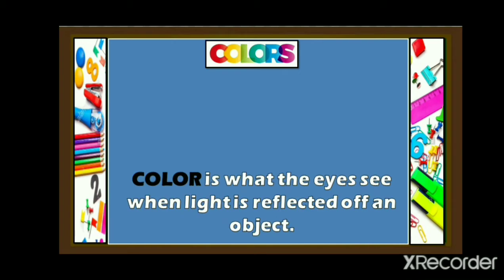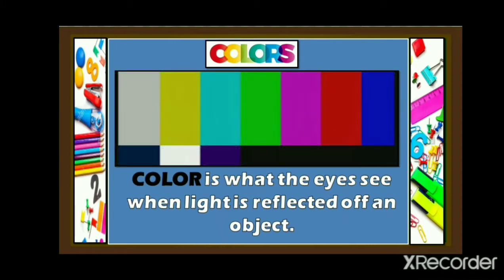Color is what the eyes see when light is reflected off an object. It has these properties: the hue or the name of the color, for example red; the value, or the lightness and darkness of a hue; and the intensity, or the brightness and dullness of a hue. So this is the color.